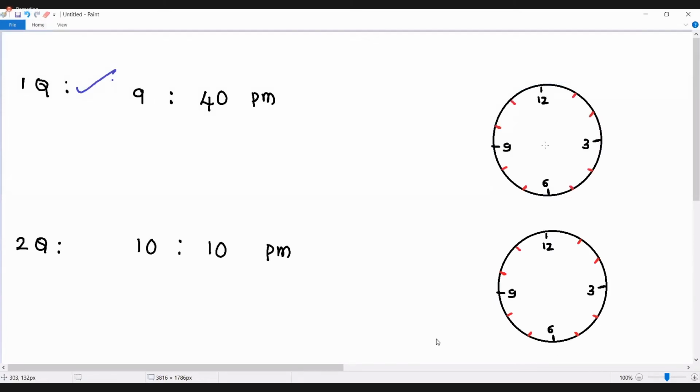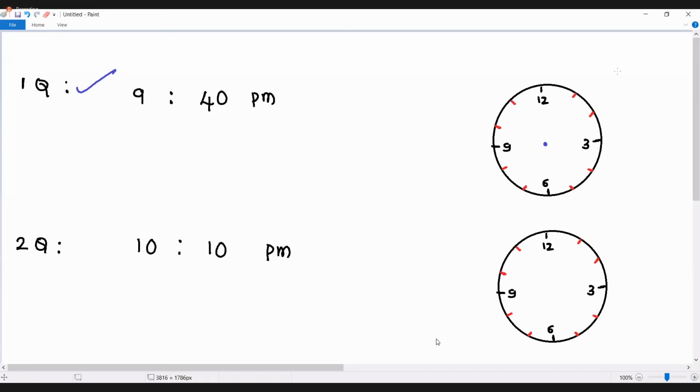9 o'clock 40 minutes. Nice, good response from the students. Very good. 10 o'clock 10 minutes. Please check, Diksha Kumari. What is the answer for the first question? I am getting so many different responses.